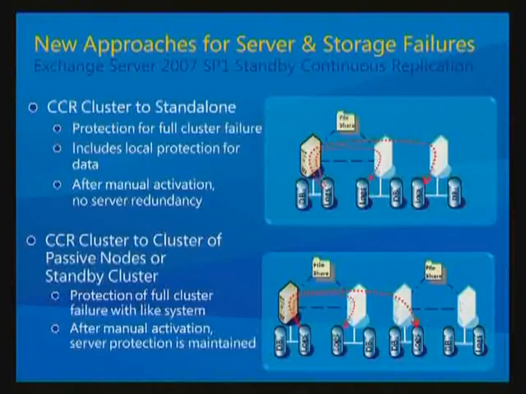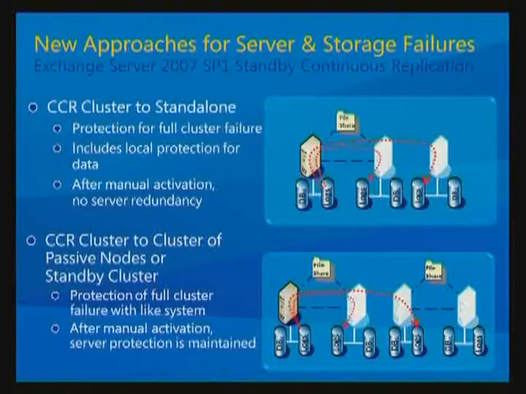The one issue left here is that if you just target a standalone, for example, you are not going to have any server redundancy after you activate that. So in order to get full redundancy, full protection for your data and for your servers, you could essentially have as your target a passive node and have a second passive node in this cluster in a standby data center.